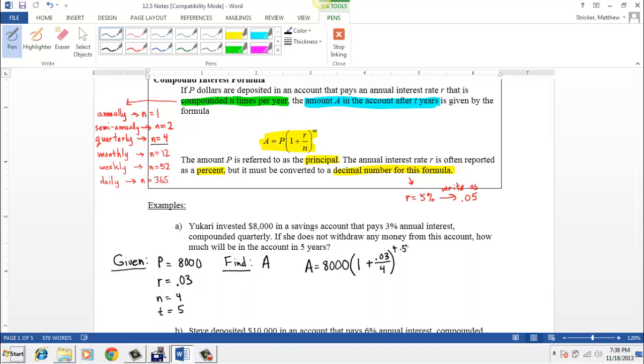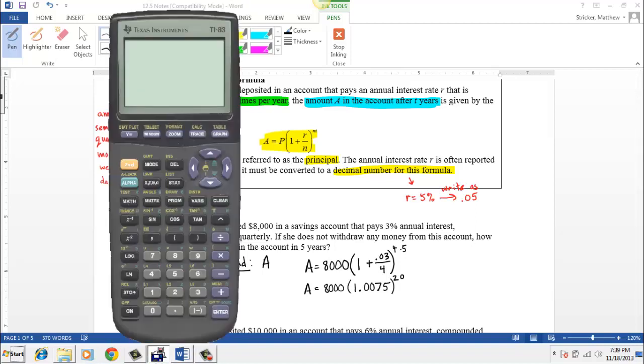So we could clean this thing up a little bit, simplifying what's in the parentheses first. 1 plus 0.03 divided by 4 is exactly 1.0075. We might want to rewrite this power. Instead of 4 times 5, change that to a 20. And now it's going to be really easy to calculate this with our calculator. We can put it all in at once, or we can do it in multiple steps.